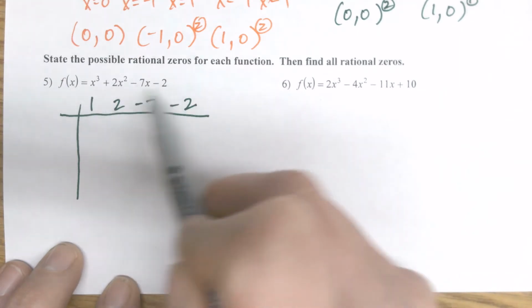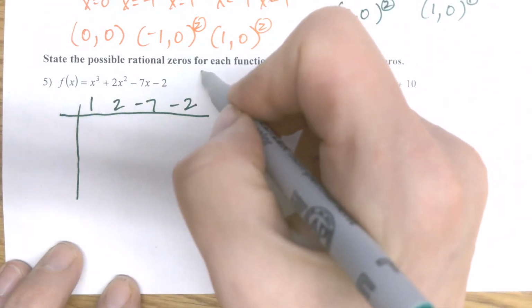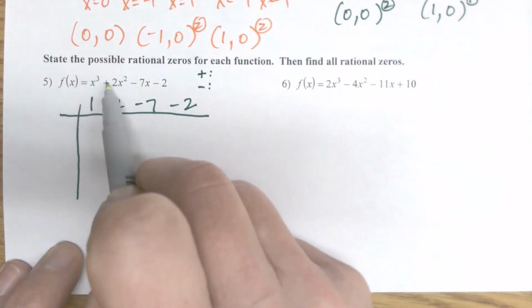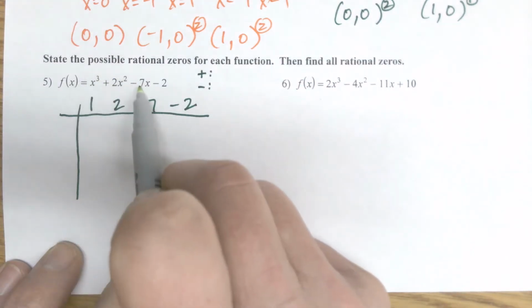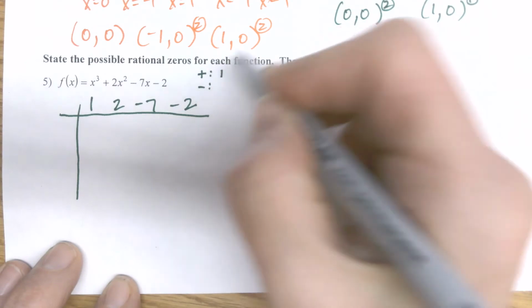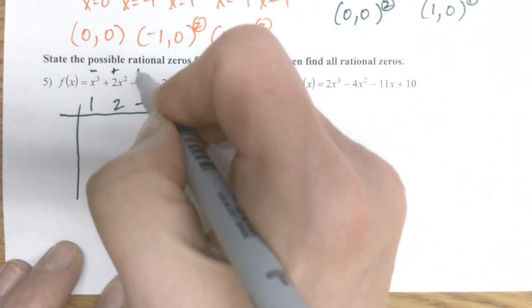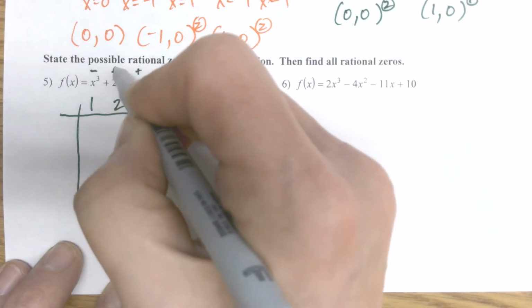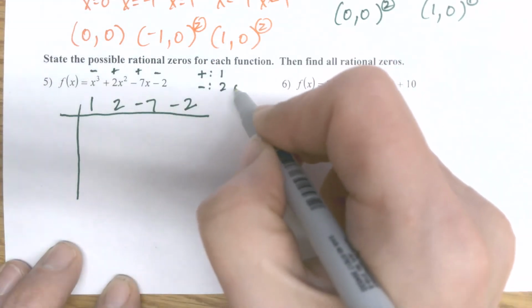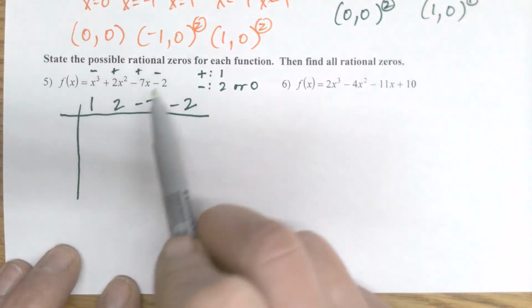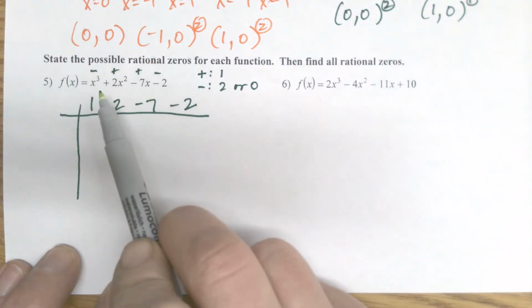And when I'm working through here, again, I'm going to look for the number of positive and negative zeros. So 1 sign change, so I have 1 positive, and then it would be negative, positive, positive, negative, then I have 1, 2, 2, or 0. So what I'm going to do is pick sensible numbers that can go in here.